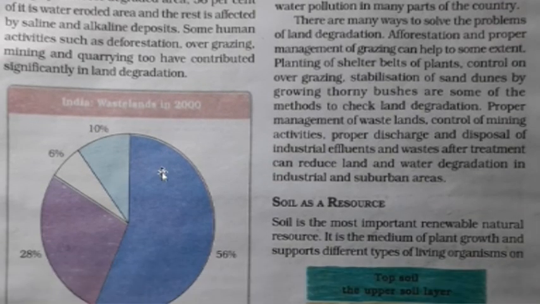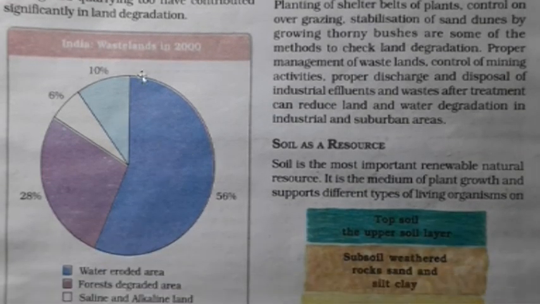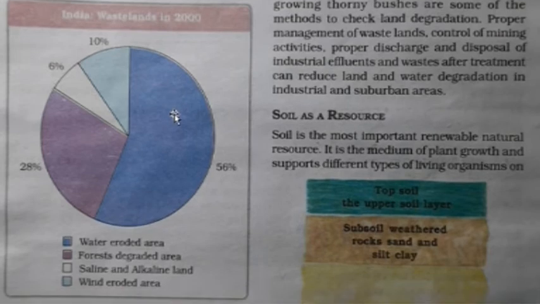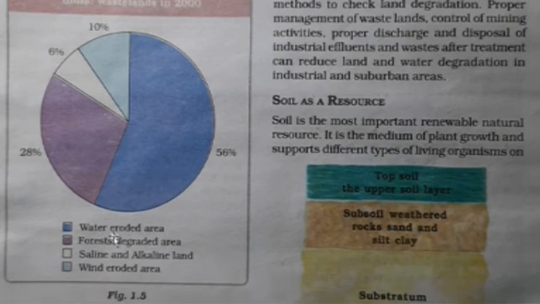So this is a pie chart given over here of the wasteland of India during the year 2000. So what is a wasteland? I told you what a wasteland is: land which is not used for agricultural purposes.